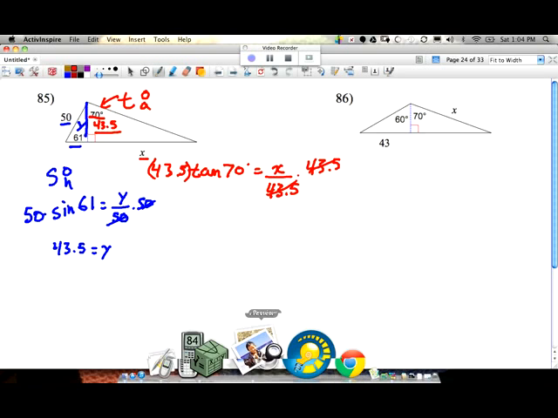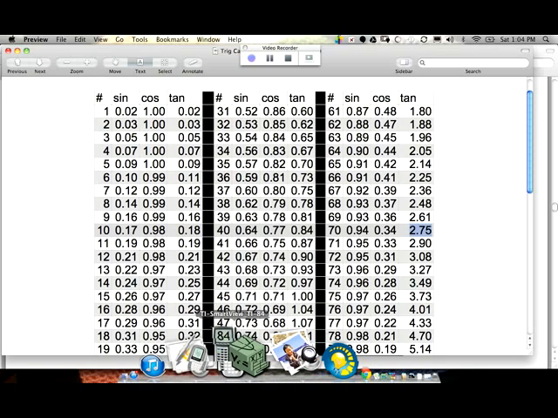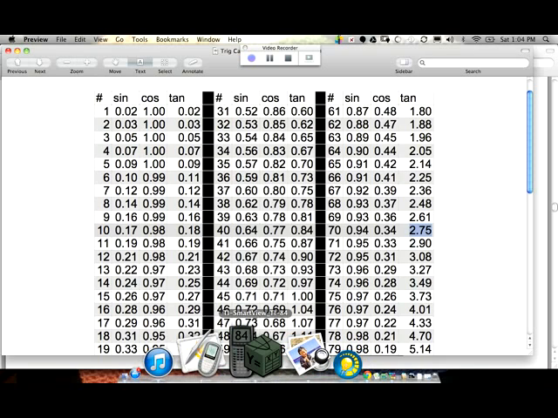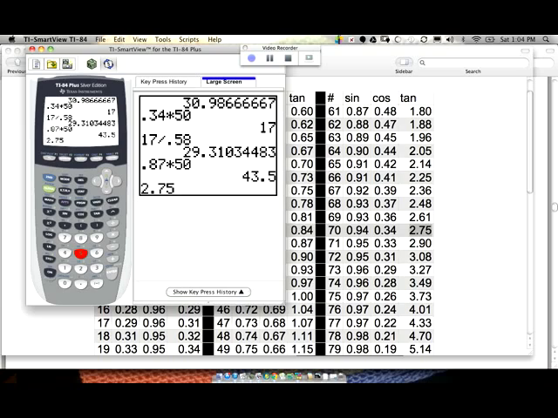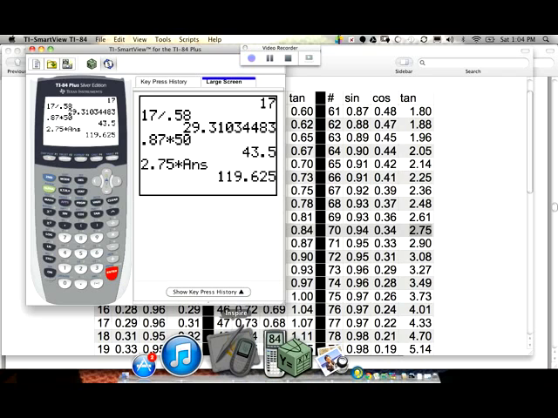So I'm going to do 2.75 times, what was it, 43.5. Oh, it's the answer that we just got. Second answer and done. 119.625, or just 119.6 would be good enough. So x equals 119.6.